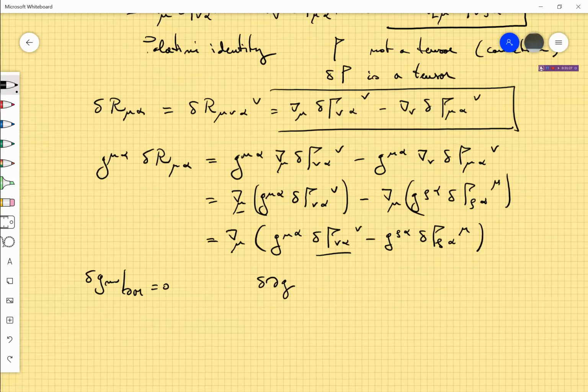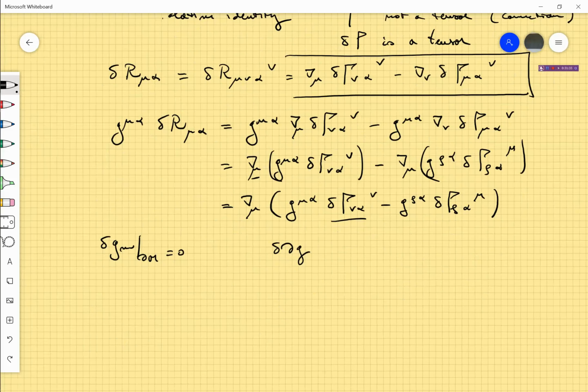You have to do something in order to cancel this total derivative, and although Hilbert really ignored this problem, somehow he said, okay, this boundary term will not contribute, this is not a relevant part, and probably he only cared about the equations of motion that you can derive, which are given by the other term. So he just used the action as a device to find the equations of motion.